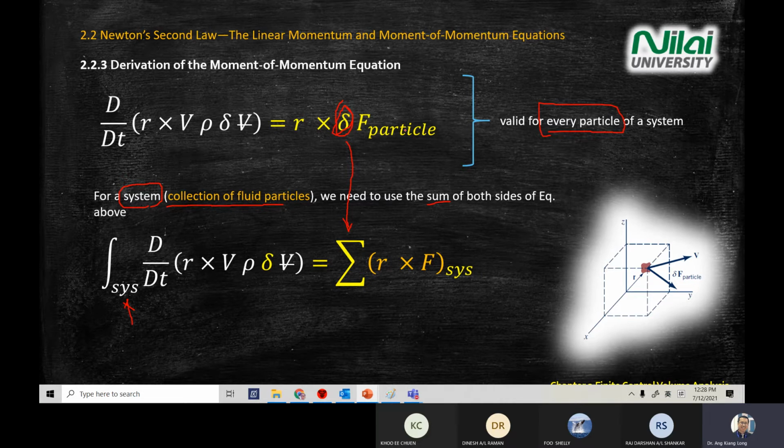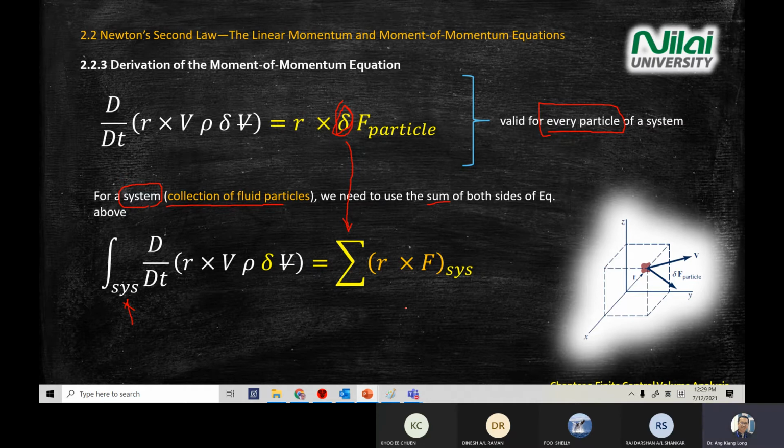So if you want to look at the overall picture, you have to sum all the left-hand side components and right-hand side components. The left-hand side component is a differential equation, so to sum all the things on the left-hand side, you just need to use the integration. So you integrate the differentiation, you get back the total component on the left-hand side. On the right-hand side, you just need to add the sum symbol to add all the forces you have.